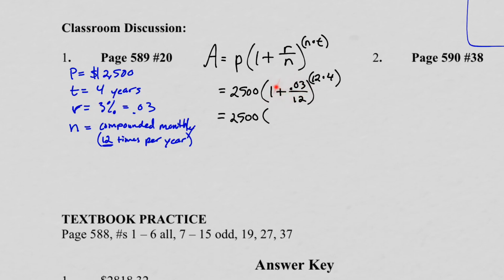Okay, and if you type 0.03 divided by 12 plus 1, without rounding, is going to be 1.0025. Okay, and then 4 times 12, you can put that in your calculator, and that's going to be 48. So this is what I will put in calculator.